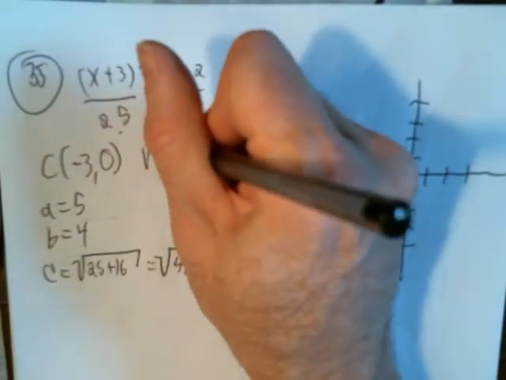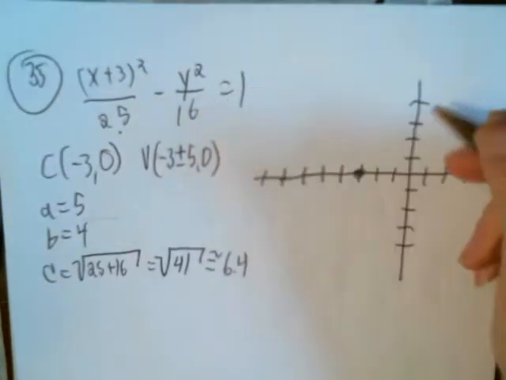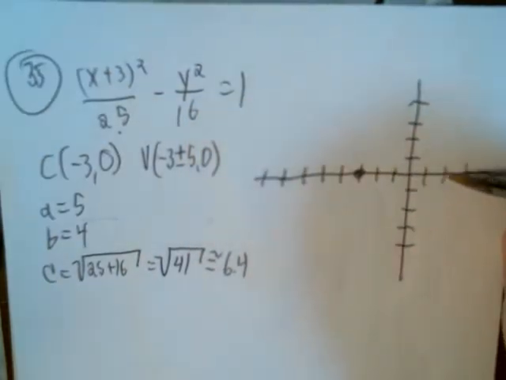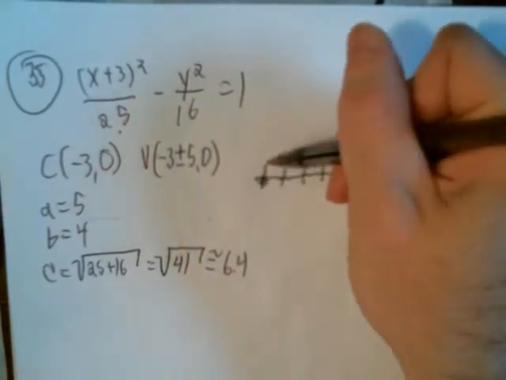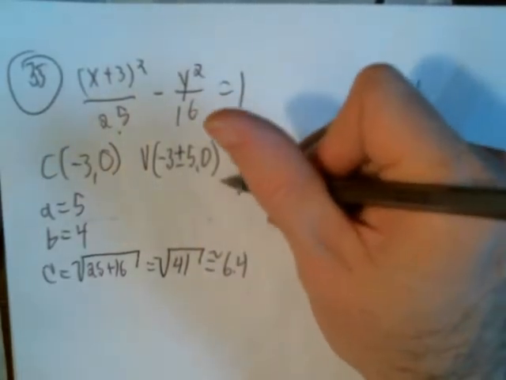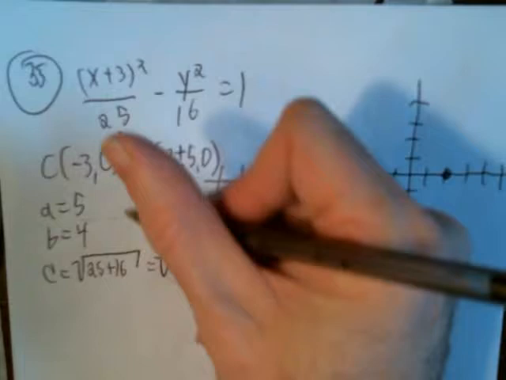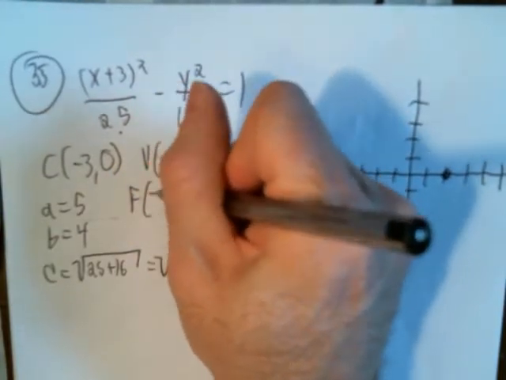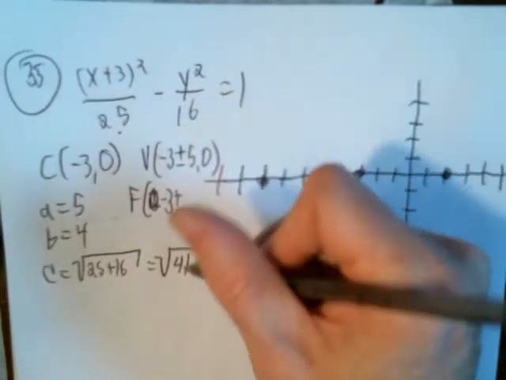So my vertices, I'm going negative 3 and then left and right by 5. So negative 3, 1, 2, 3, 4, 5. And then 1, 2, 3, 4, 5.